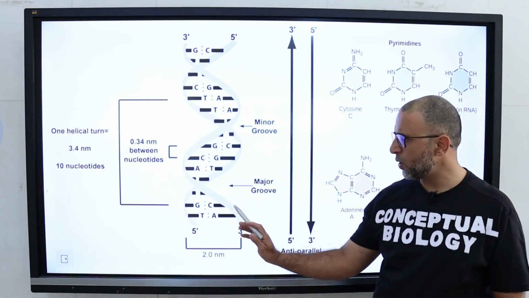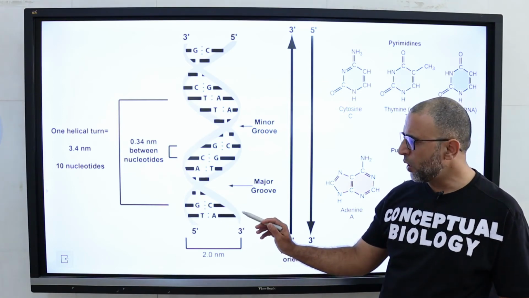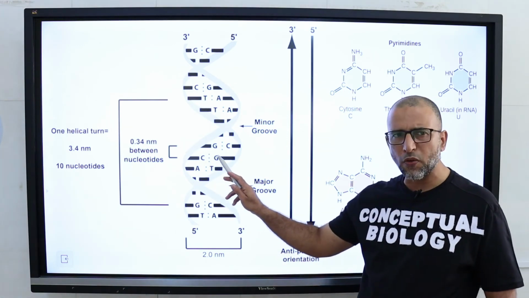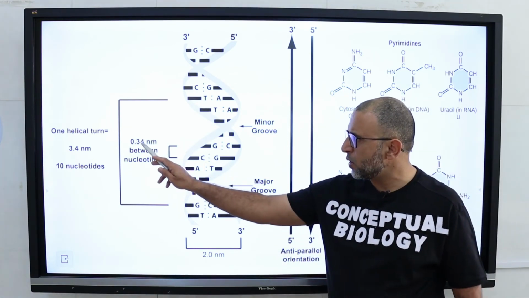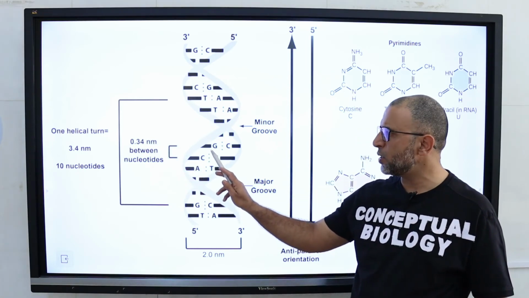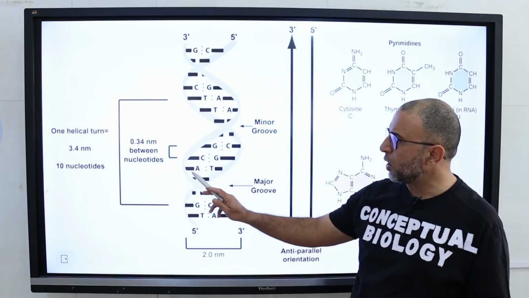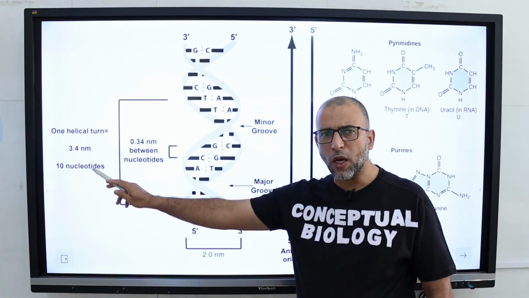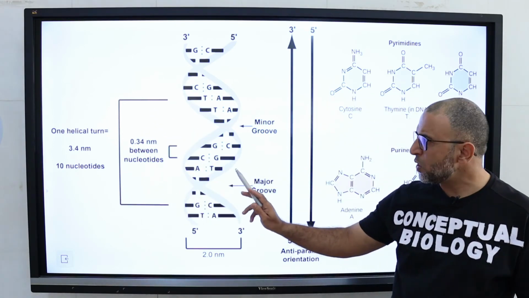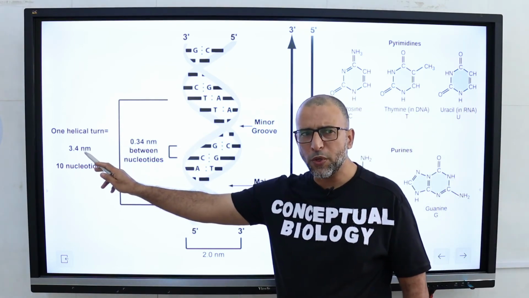Its orientation, width, and the number of nucleotides per helical turn are constant. Each pair of bases is exactly 0.34 nanometer from adjacent pairs above and below, because exactly 10 nucleotides are present in each full turn of the helix, and each turn constitutes 3.4 nanometer of length.